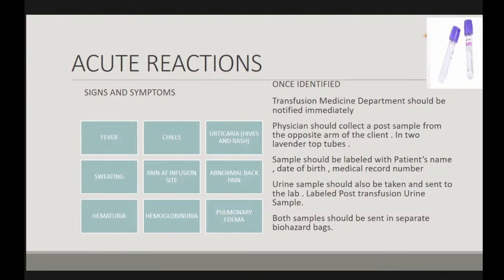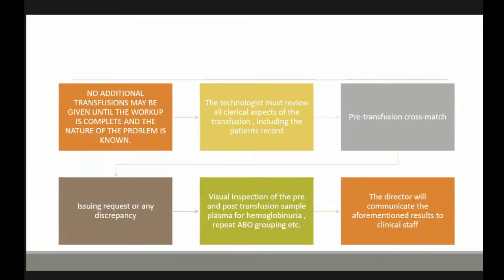Of course, you would follow the same labeling procedure that we spoke about earlier. Both samples should be sent in separate biohazard bags. Okay. No additional transfusions may be given until the workup is complete and the nature of the problem is known.